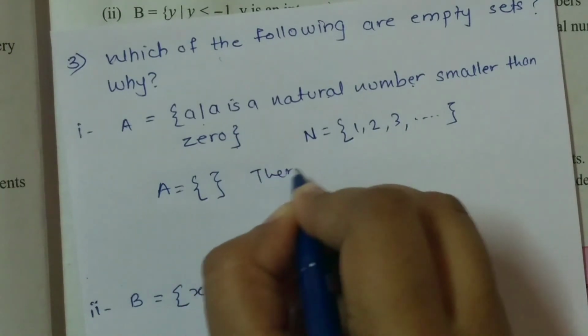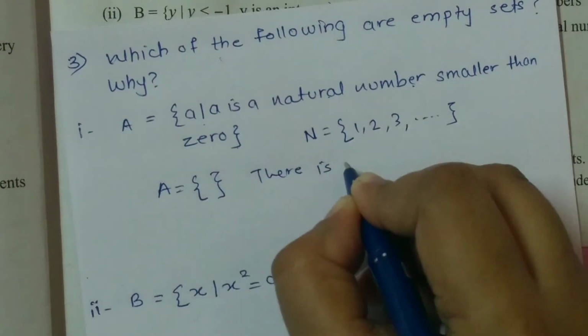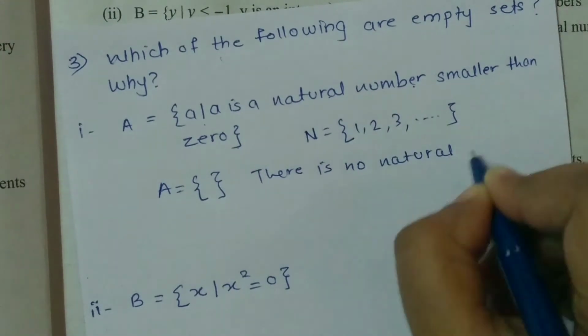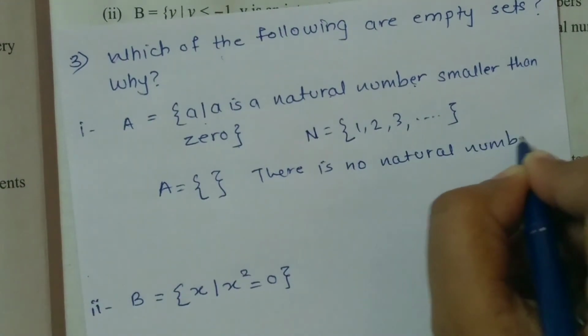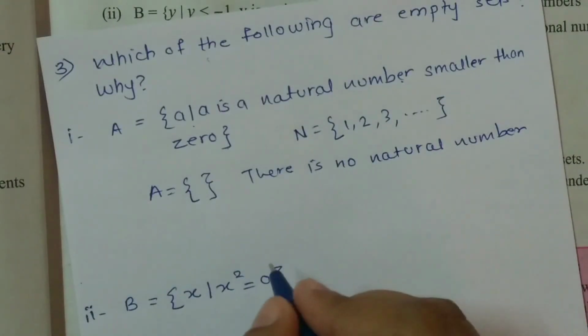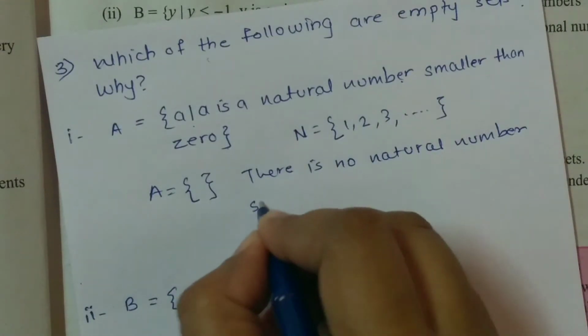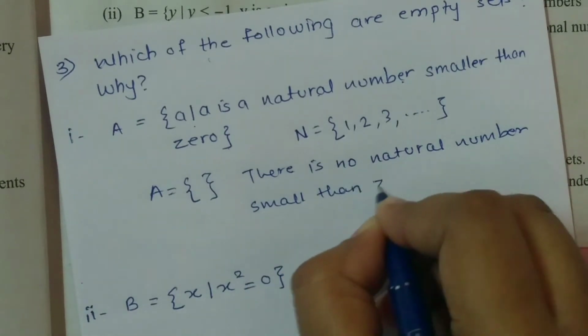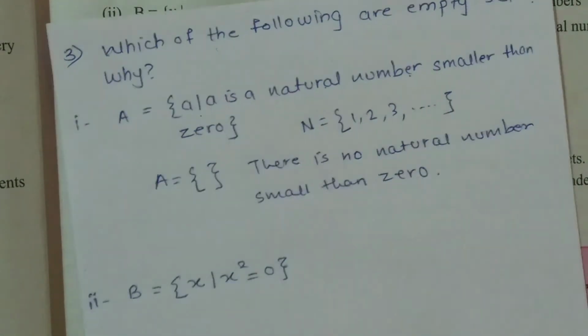There is no natural number smaller than 0.